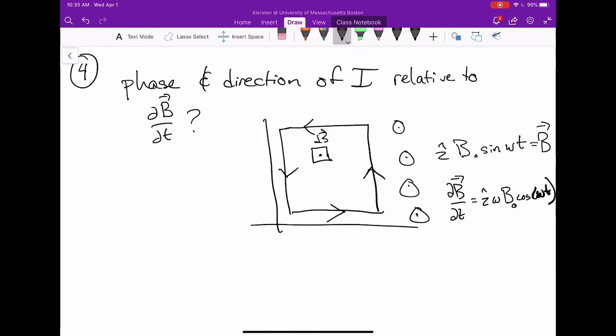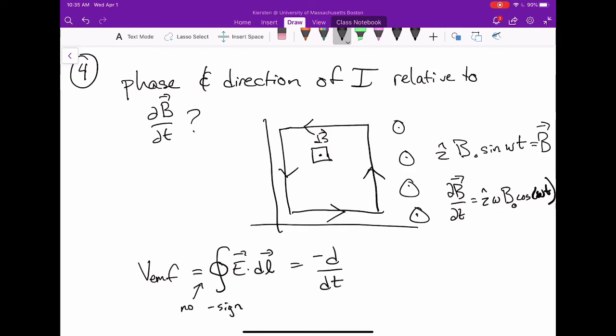According to Faraday's law, VEMF, which is equal to this closed contour integral of E dot dl, note the lack of a minus sign here, is equal to minus the time derivative of that surface integral, that flux integral of B dot ds.